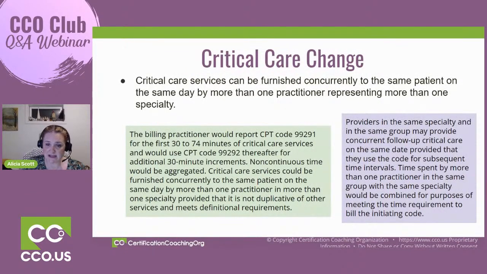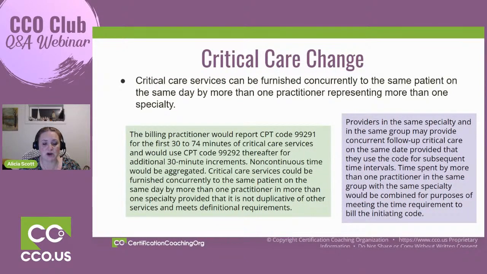Well, the next thing that you need to be aware of is that when you have your critical care services, they can be furnished concurrently with other providers. So you can have the same patient on the same day by more than one practitioner representing more than one specialty. Now, the example that I found in another article says you're looking at those two codes, 99291 and 99292, which are your critical care codes, and the time.